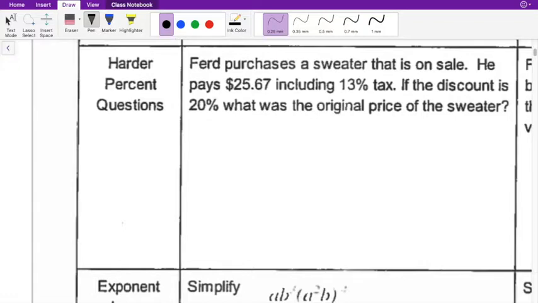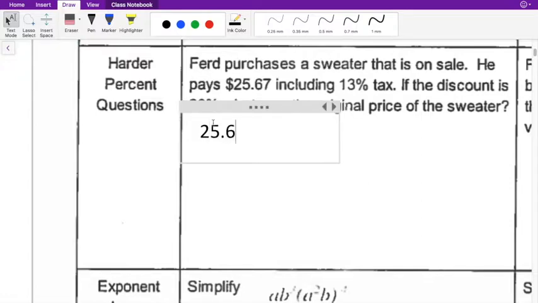So, Ferd's back. Ferd purchases a sweater that is on sale. He pays this price, including 13% tax. If the discount on the sweater is 20%, what is the original price of the sweater? If we think about it, when we do tax, we times the price by 1.13.